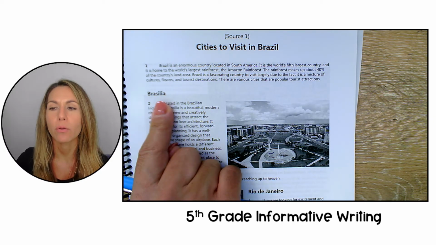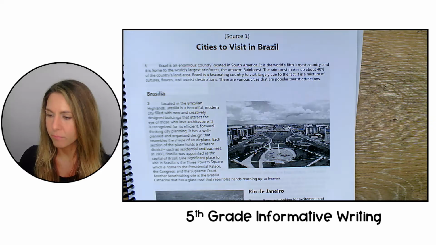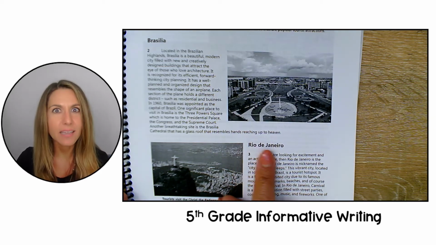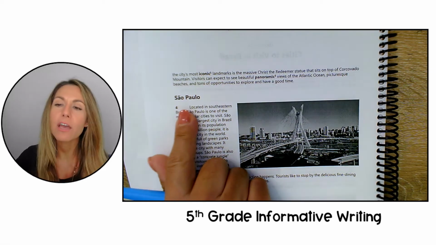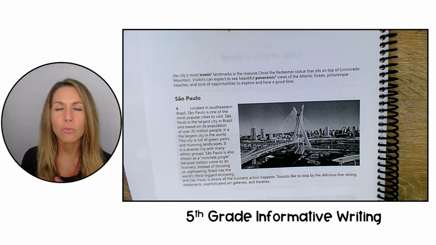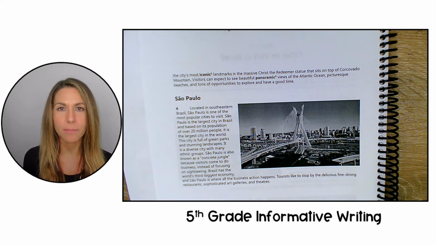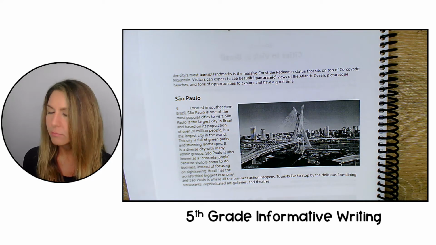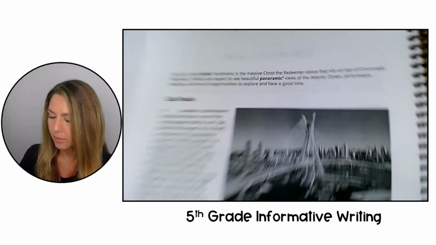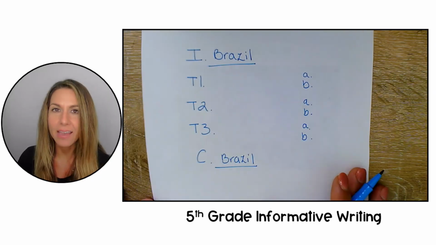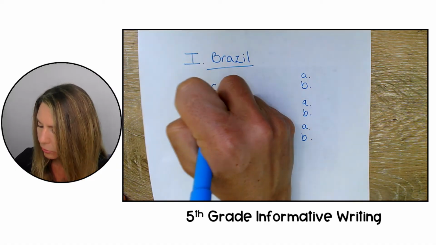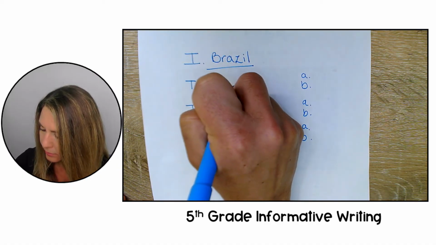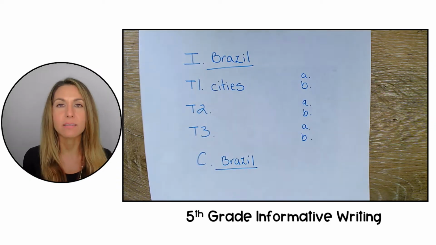Then they talk about one city, Brasilia. They talk about a second city, Rio de Janeiro. And then they even talk about a third city. So this whole article is about the cities in Brazil, and there's three examples of cities. I think cities would make an excellent topic because of the way the passages are organized. So I am going to write the word cities next to T1.